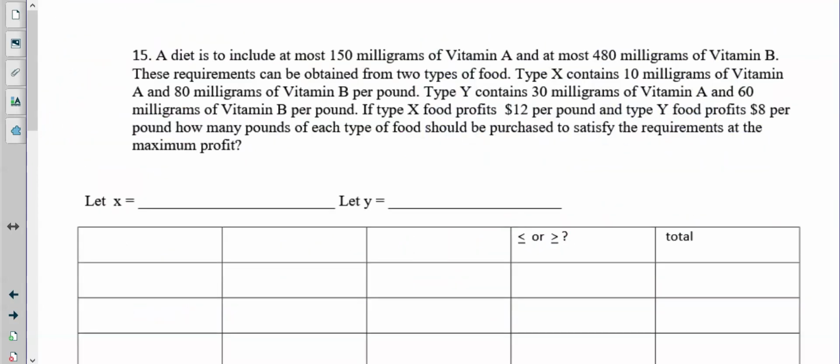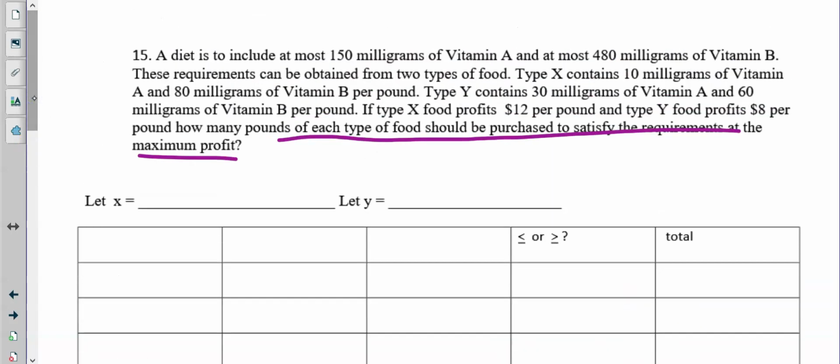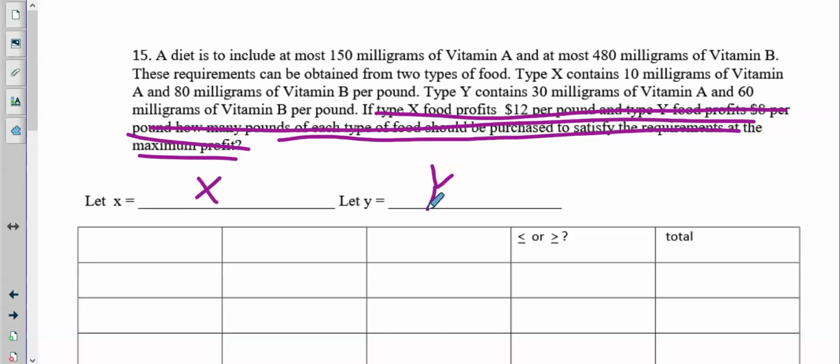All right, last one. How many pounds to maximize profit? Well, there's only one line of profit here. It's 12 and 8. So 12x plus 8y. I'm done with that line, and actually that one too. Not very creative naming, so x and y, x and y, x and y.